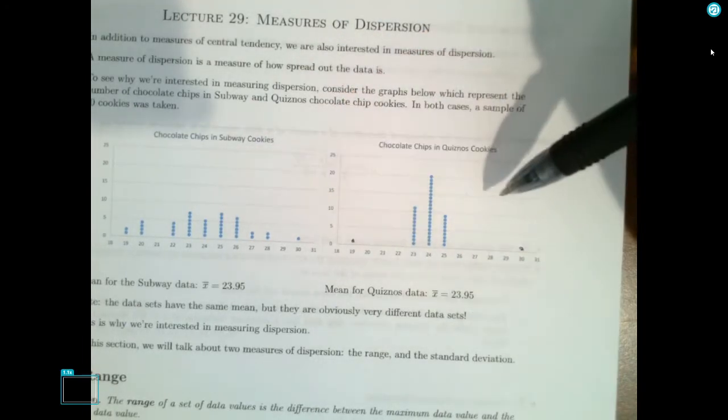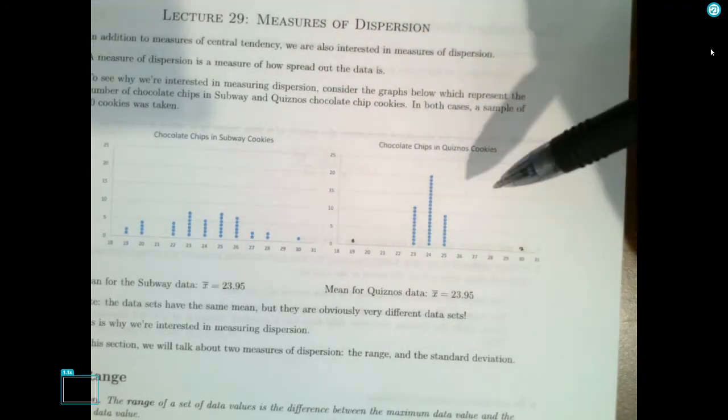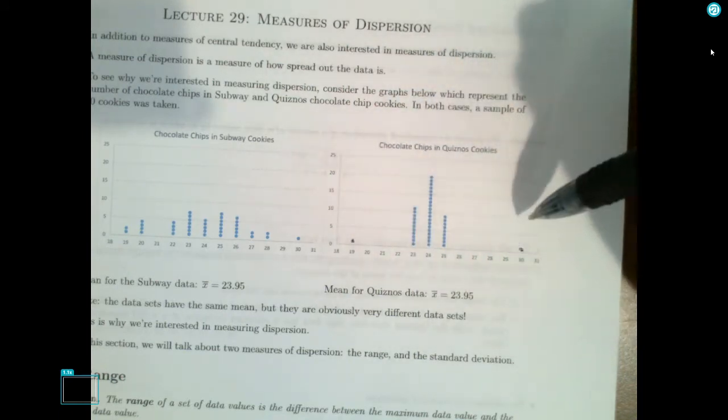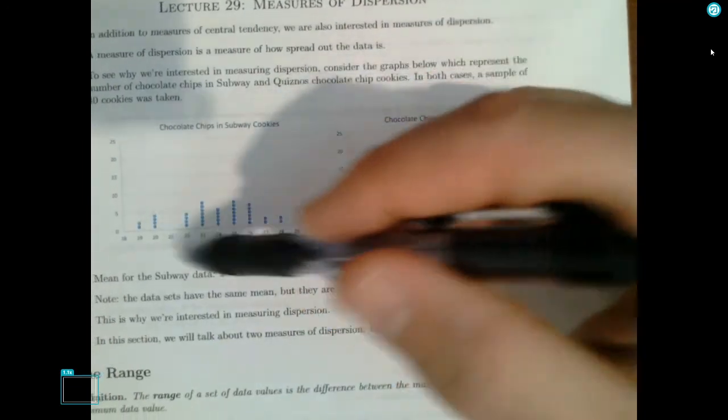Not very good, because it's describing these two sets as being equally spread out, and they're not. This set is much more bunched together. You just happen to have a couple of extreme values, right? This set is definitely more spread out. So we want a better way to measure the spread, the amount of dispersion in a data set.